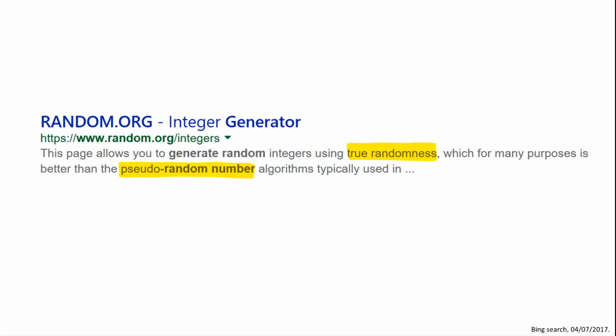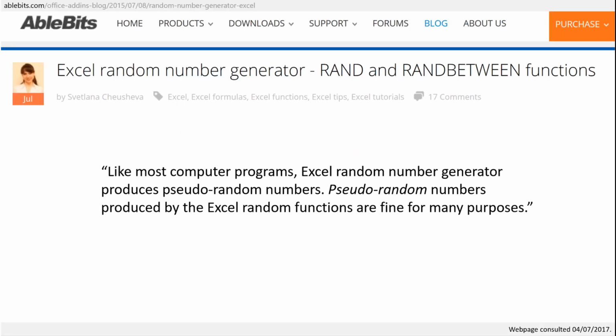This search will also lead you to finding out that there are true random numbers and pseudo-random numbers. According to the AbleBits.com tutorial, Excel, like most computer programs, generates pseudo-random numbers that are just fine for many purposes.